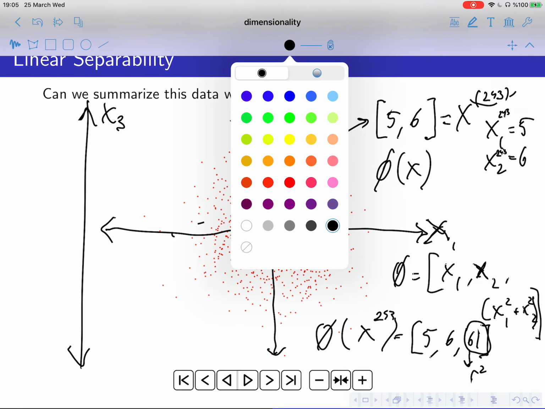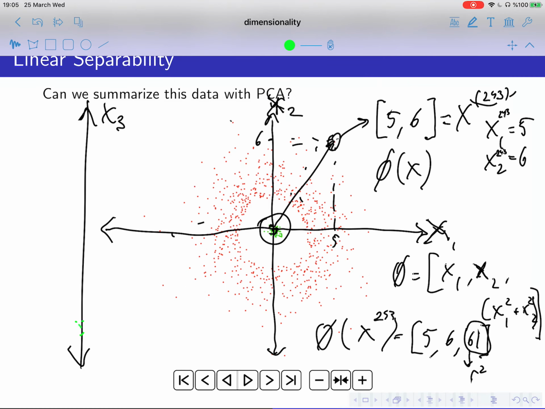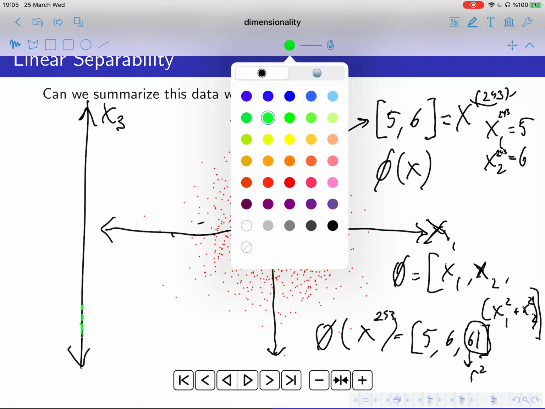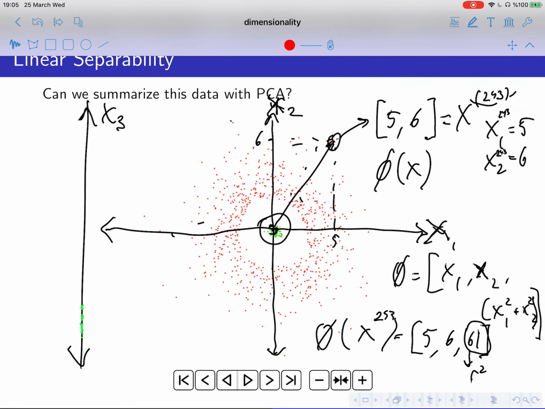Okay, so these would probably look something like this. The green points on the x3 number line would be here, and the others would actually be here. So this third dimension will allow us to separate these guys.